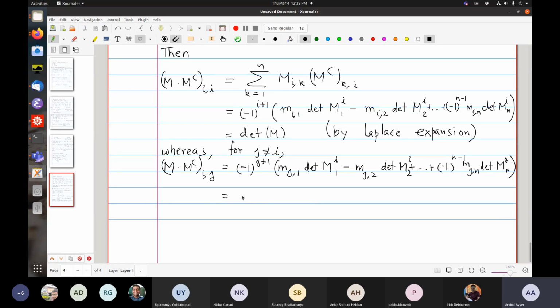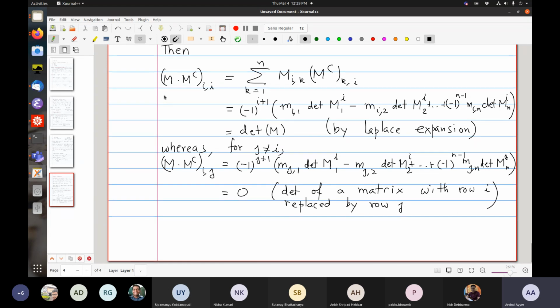And this is 0 because this is the determinant of the matrix with row I replaced by row j. So you have two copies of row j, and so it's going to be 0.